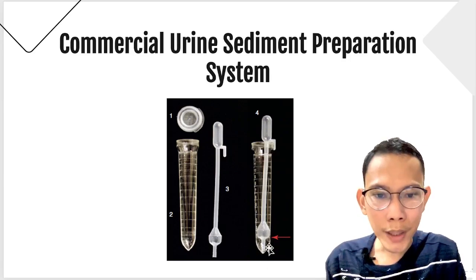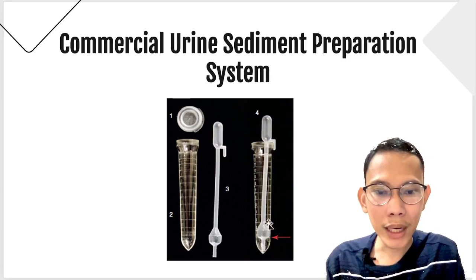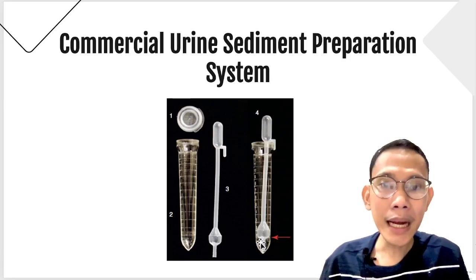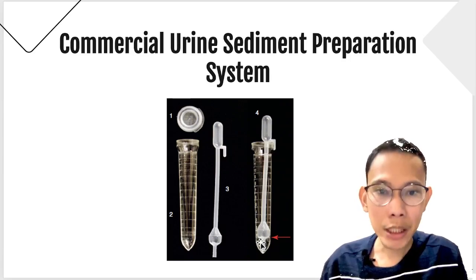First, makukuha natin yung sediment, dito mapupunta yung sediment, and then you can decant now the remaining fluids here. So, nakukuha natin yung ating sediments dito, and then yung fluid natatapon natin. And then yung natirang fluid or yung supernatant, imimix naman natin siya dito so that we can now prepare for our urine smear later on.